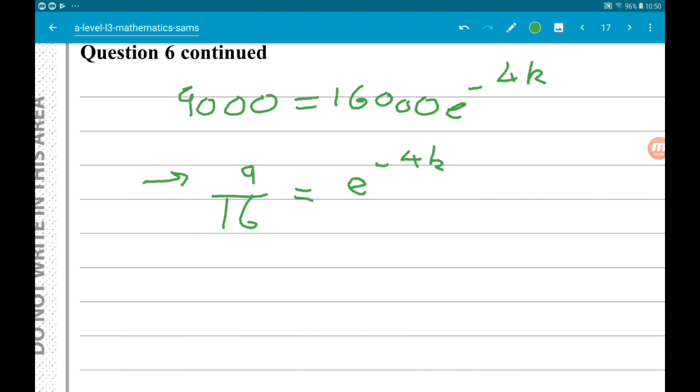Take logarithms, we get log of 9/16 is equal to minus 4k.